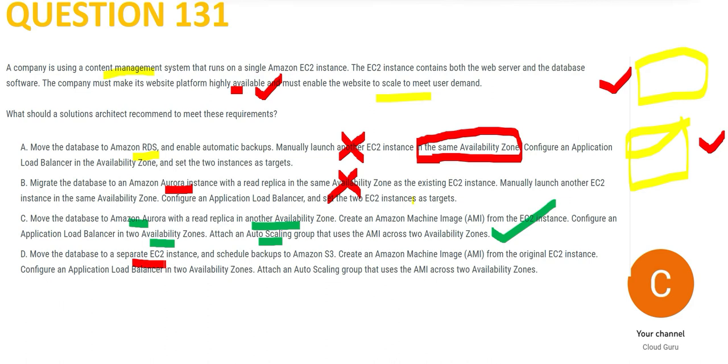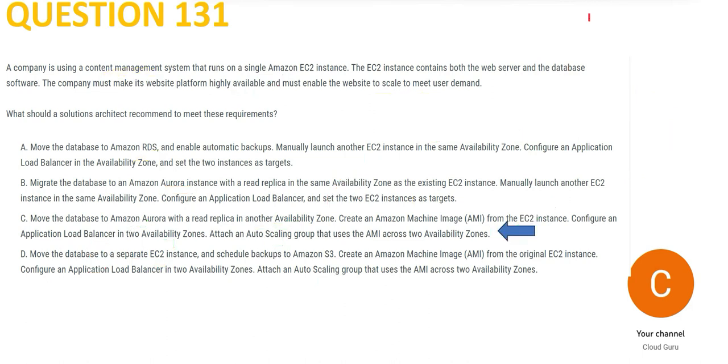They want you to know what else you can use other than EC2. So this is wrong. Even though this option makes use of two AZs for EC2 and an auto scaling group, keeping the database on EC2 is wrong, because I have a better option in option C. This is a far better option.